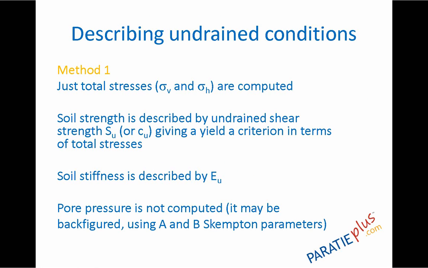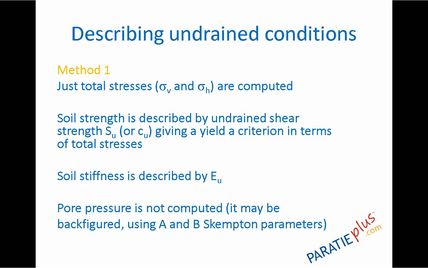How can we describe undrained condition in soil mechanics? There are essentially two practical methods. One method is just to do all the calculation considering total stress. In other words, the stress, for example vertical or lateral stress, not subdividing the effective part from the pore pressures.